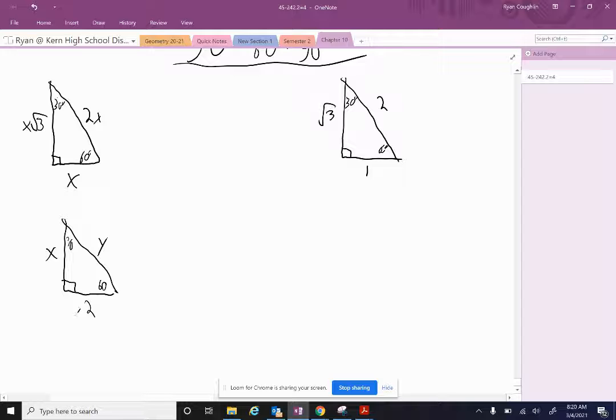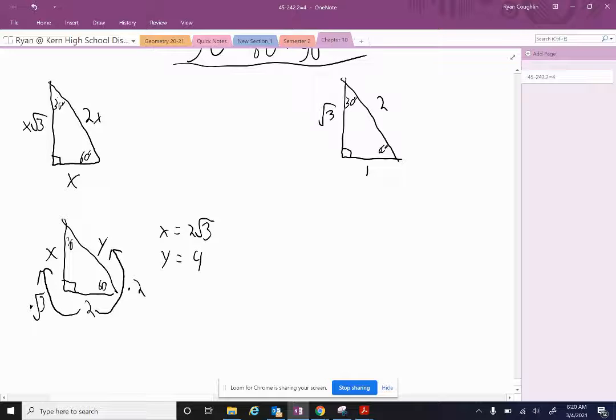To get from the short leg to the long leg, from 2 to X, I have to multiply by the square root of 3. That's going to be the same for every triangle because they're all 30, 60, 90. So 2 times the square root of 3, X equals 2 root 3. Then for Y, to get from the short leg to the hypotenuse, the longest side, I multiply by 2. So Y equals 2 times 2, which is 4.